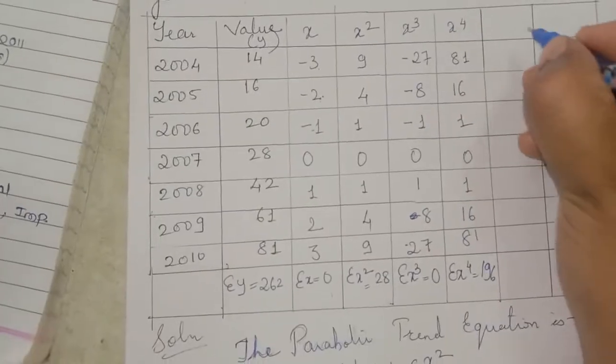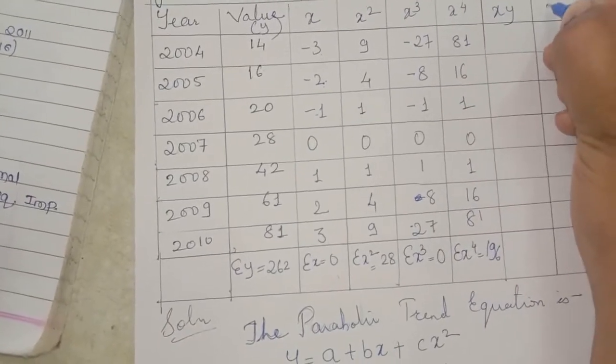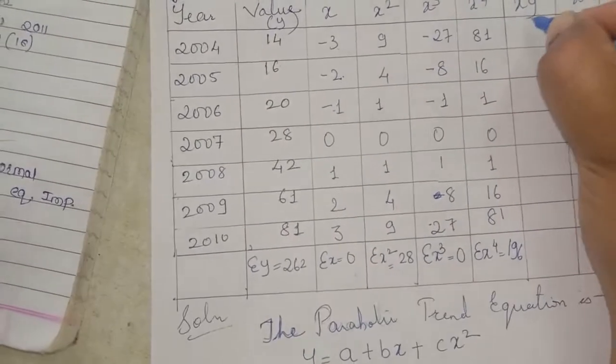Then after that we need xy and x square y. First xy.